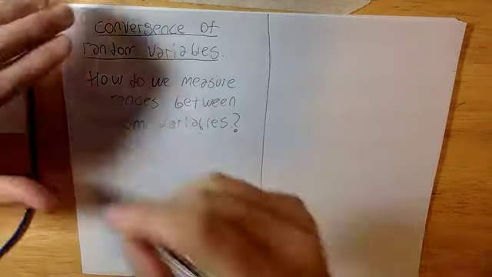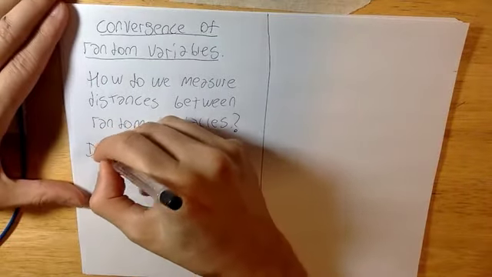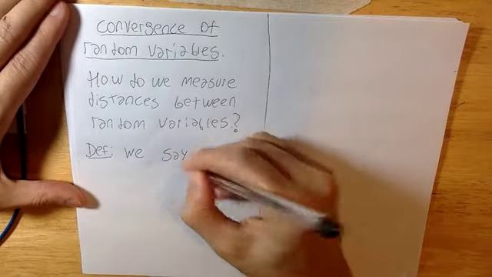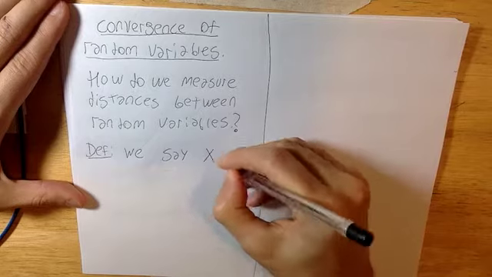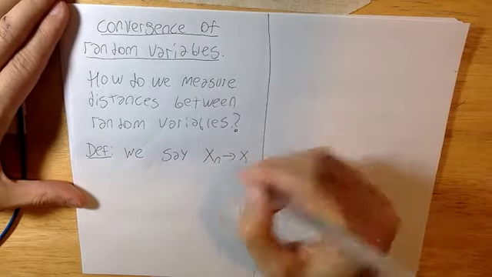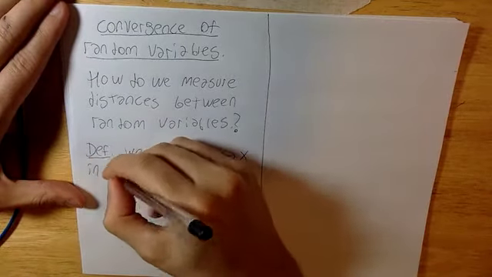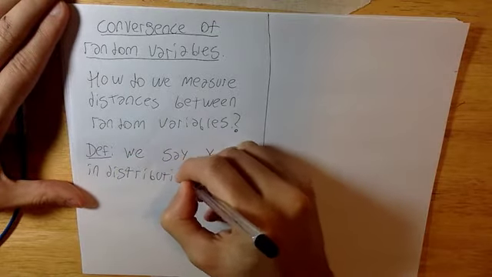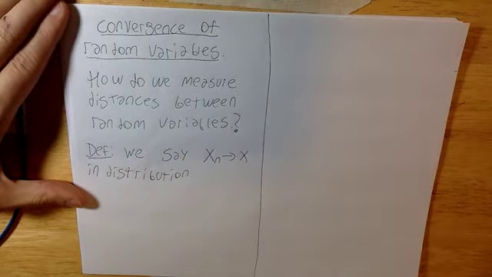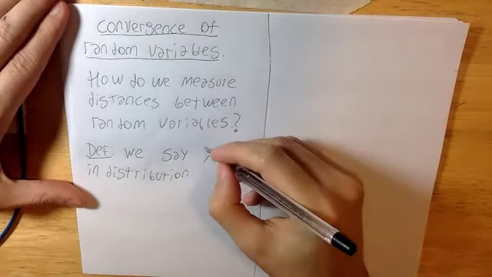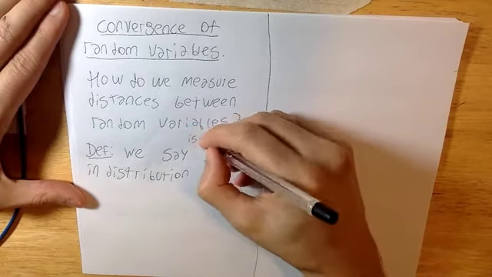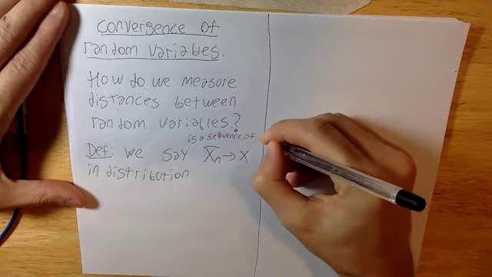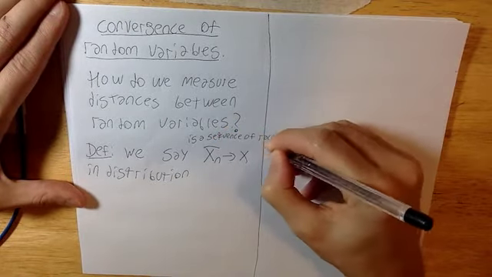So, for instance, let's start with a definition. We say Xn converges to X in distribution. Here Xn is a sequence of random variables.